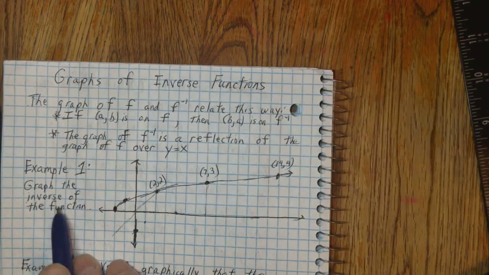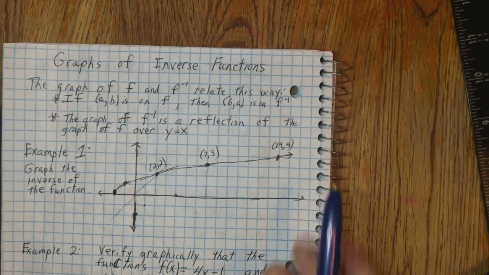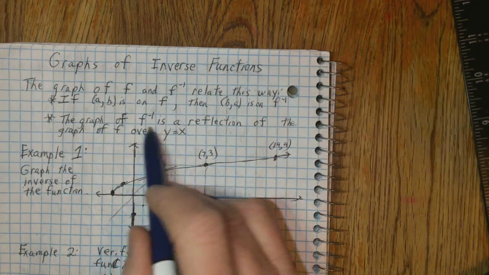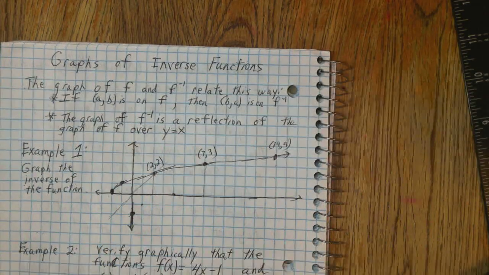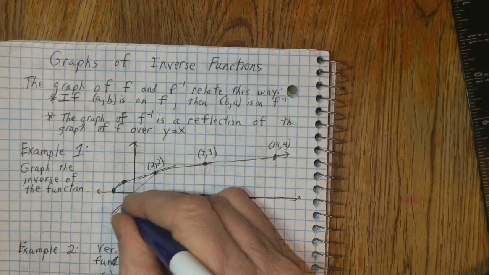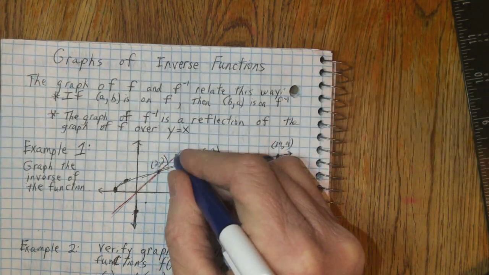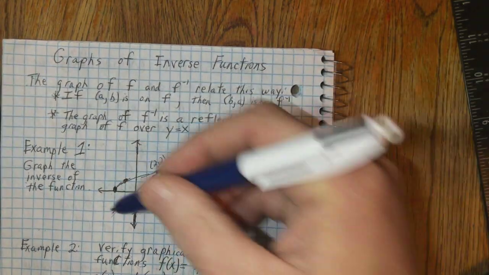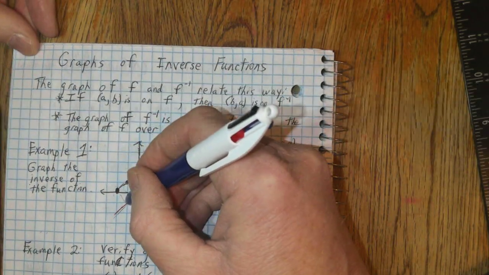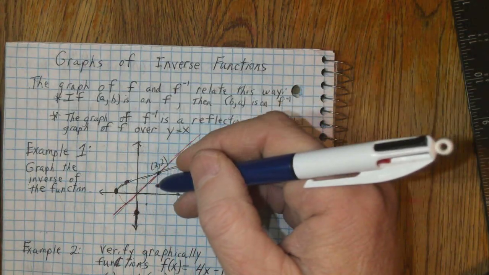And if I were to graph the inverse of this function, what I want you to see is y equals x. Let me change colors here. If I reflect this point, if I take a diagonal right to that point and then go that diagonal on the other side, this is the reflection of that point.